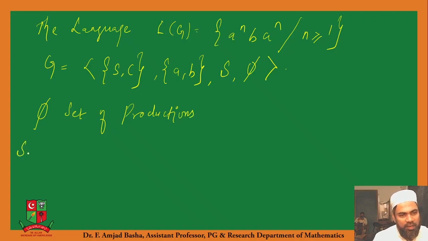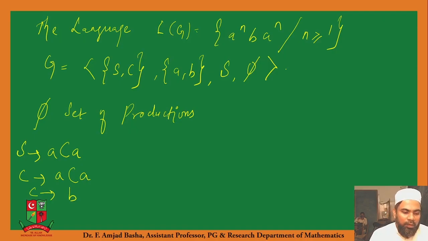The productions are S tends to a capital C a, then C tends to a capital C a again, then C tends to b. Okay, these are the three productions we have to generate this context-free grammar. So how could the words be in this grammar?